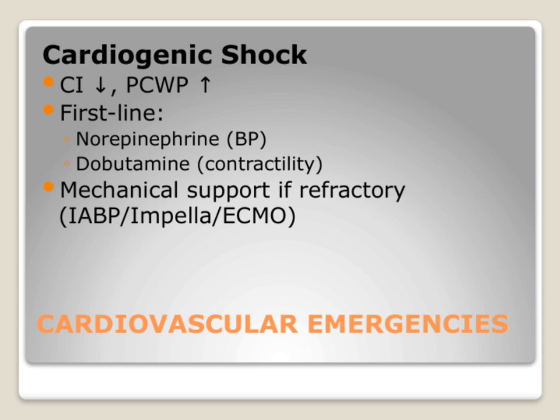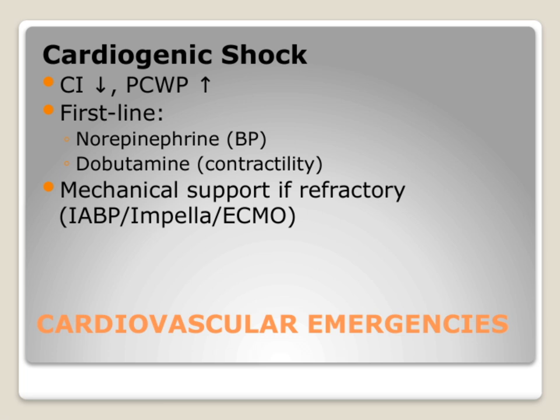However, if these measures aren't enough and the patient remains in refractory shock, mechanical support becomes necessary. Devices like the intra-aortic balloon pump, or IABP, Impella, or even ECMO can be life-saving by providing circulatory support until the heart recovers or other definitive treatments are performed.